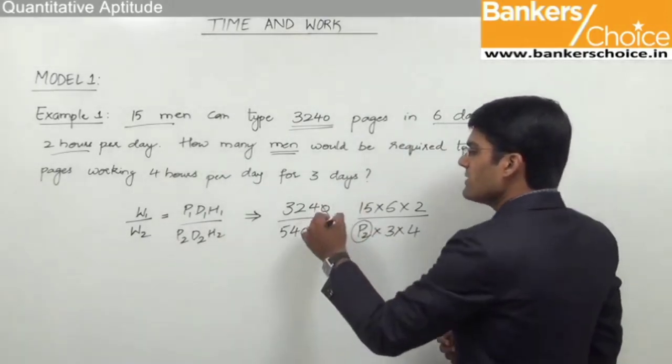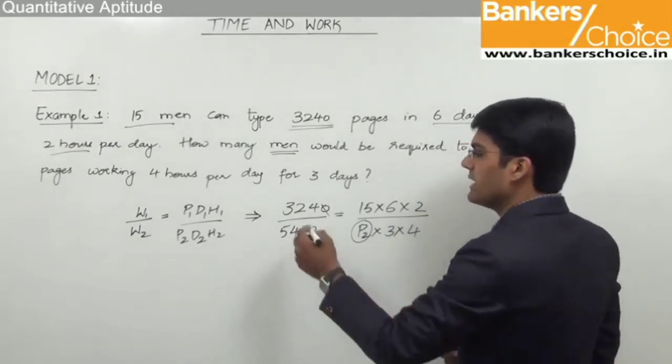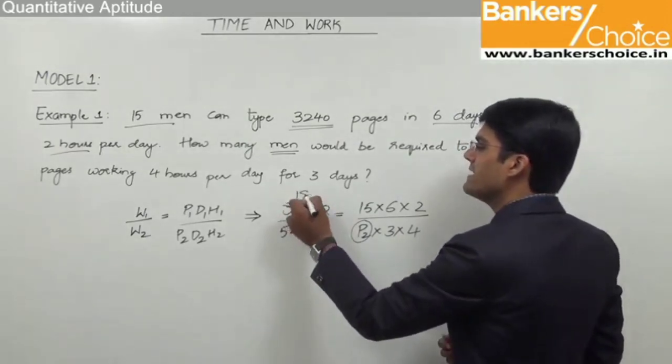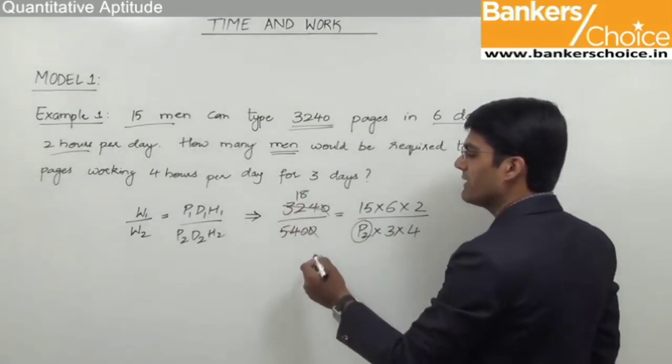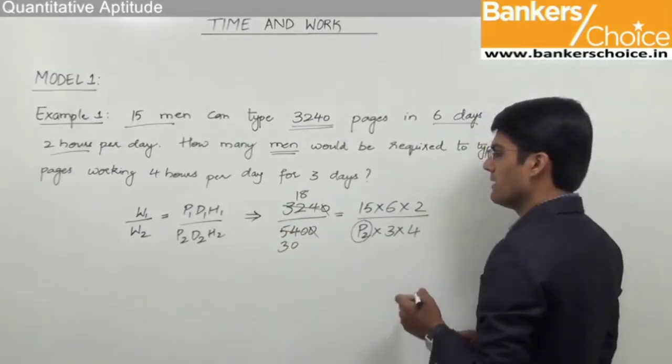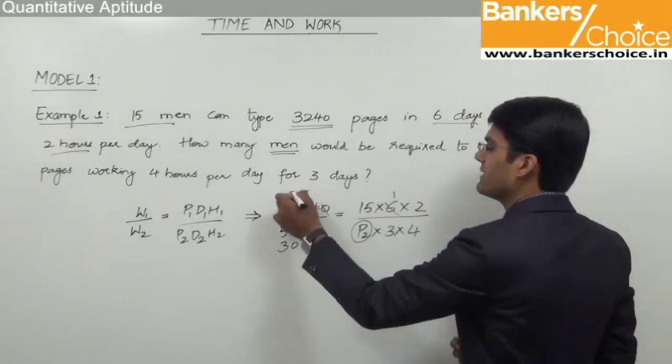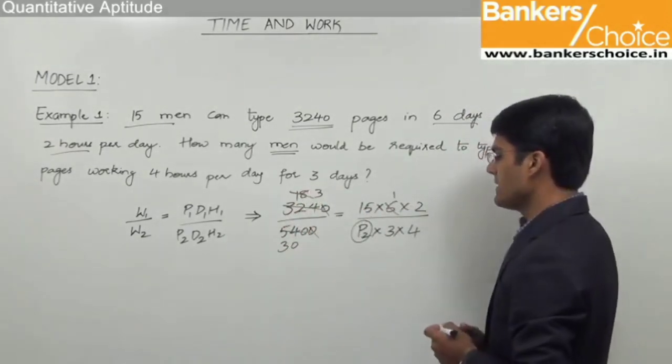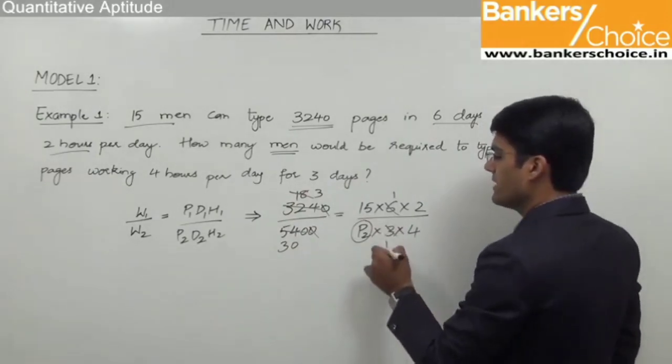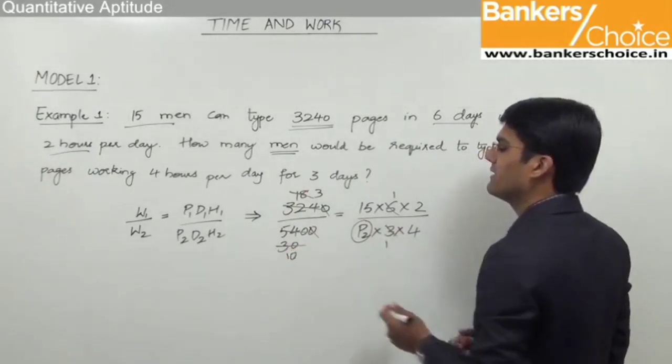Now, zeros anyway get cancelled here. 324 is nothing but 18 into 18 and 540 is 18 into 30. So again 6 into 1 is 6, 6 into 3 is 18 and 3 into 1 is 3 and 3 into 10 is 30.